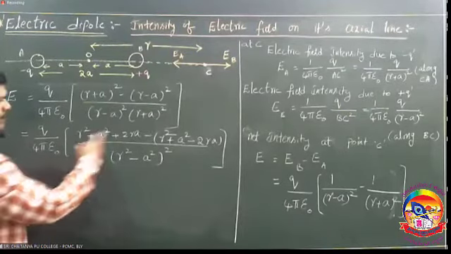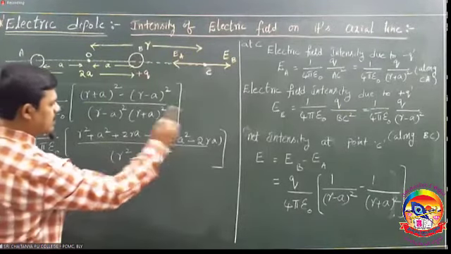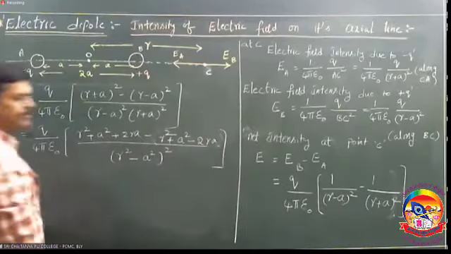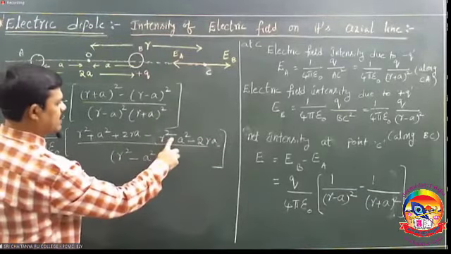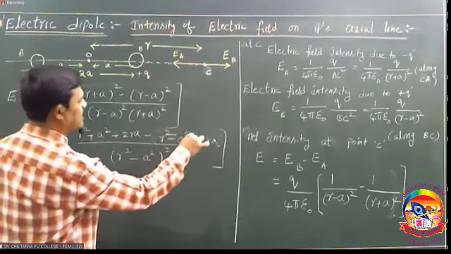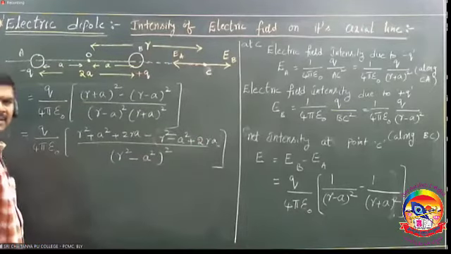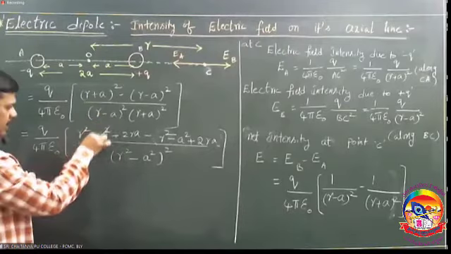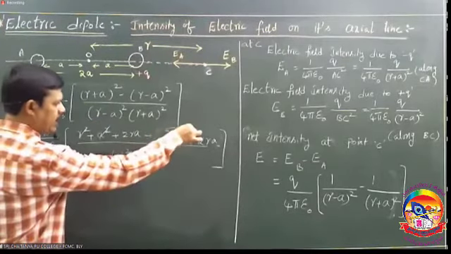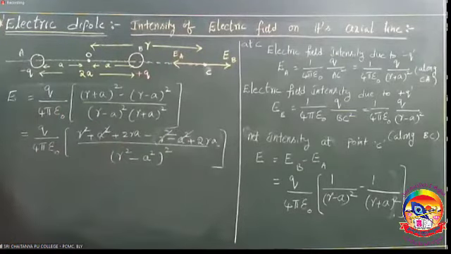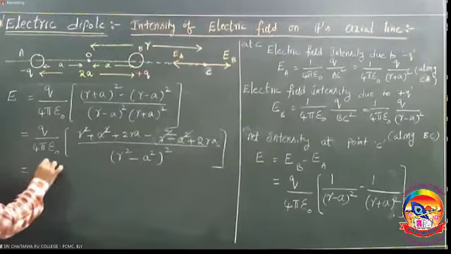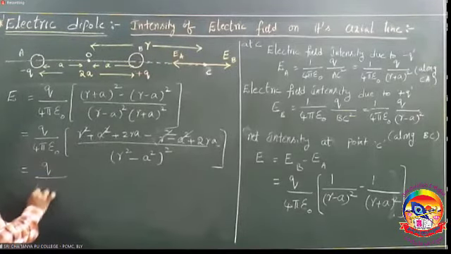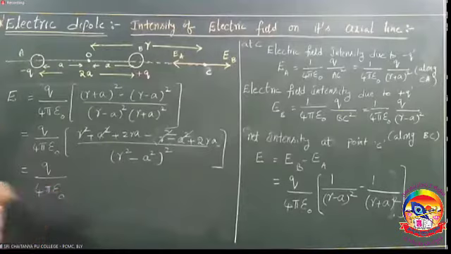Right? Here, if you remove this bracket, this becomes plus and it becomes plus, this becomes minus. If you multiply with negative, r square, a square, r square, a square get cancelled. Then what comes out? Q by 4 pi epsilon naught.